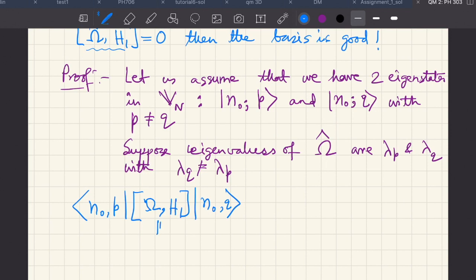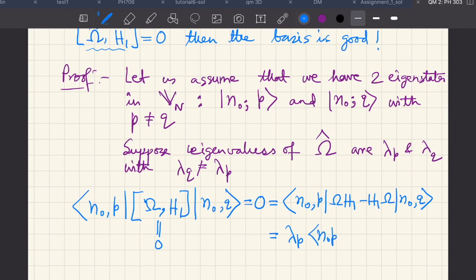But because omega always commutes with H1, this is 0. But you can still break this commutator down and write it as omega H1 minus H1 omega on |n0,q⟩. And you know that omega acting on ⟨n0,p| is going to give you lambda p because omega is Hermitian.